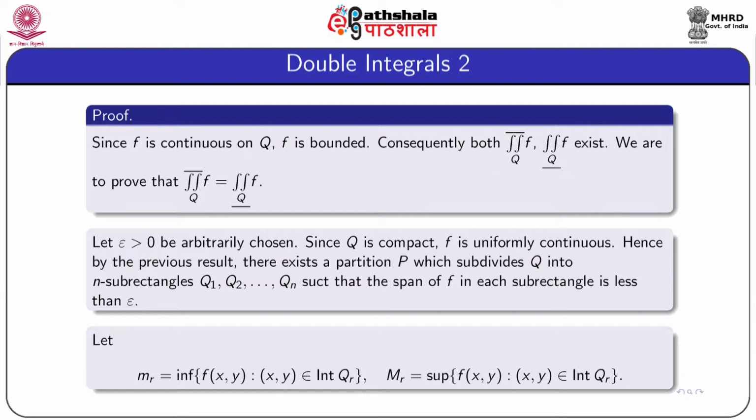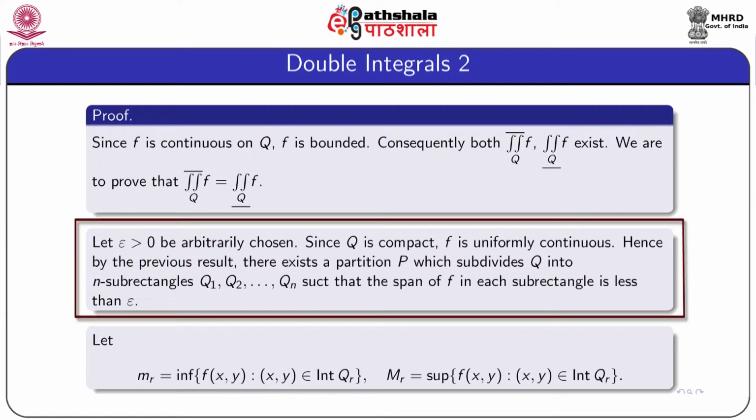It remains to prove that they are the same. Let epsilon be arbitrarily chosen. Since Q is compact, F is uniformly continuous. Hence, by the previous result, there exists a partition P which subdivides Q into n subrectangles Q1, Q2, ..., Qn such that the span of F in each subrectangle is less than epsilon.